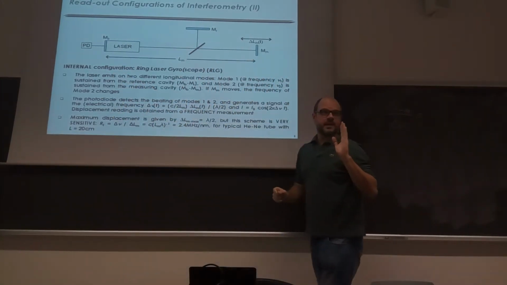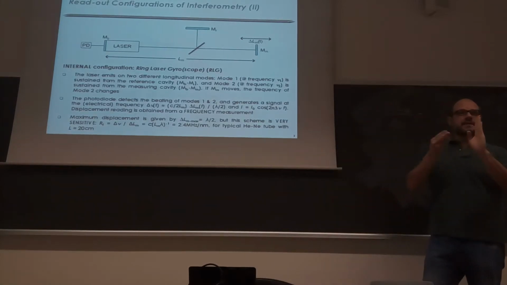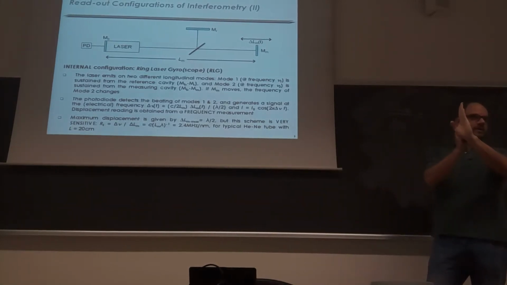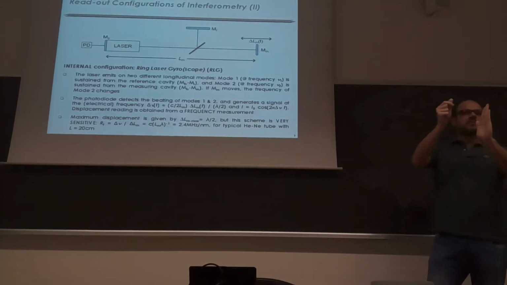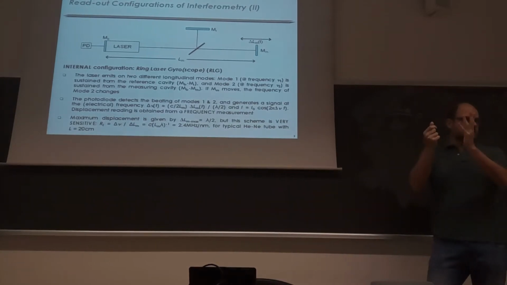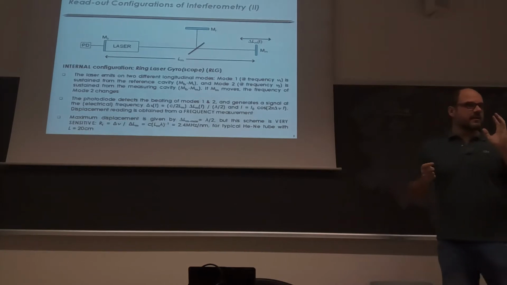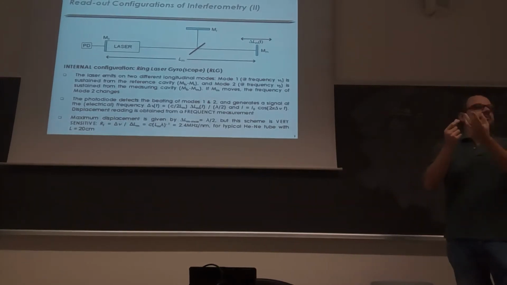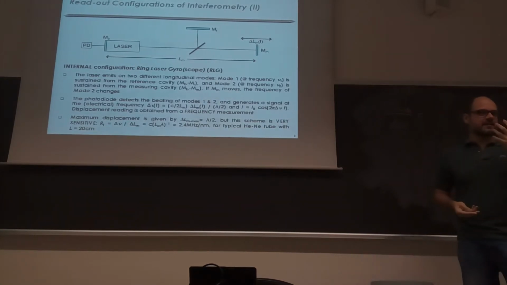So what do we know? We know that if the moving mirror moves by lambda over 2, half of the wavelength, we can jump onto the next longitudinal mode. If we move farther than lambda over 2, we can have an ambiguity, because which mode are we considering or selecting?